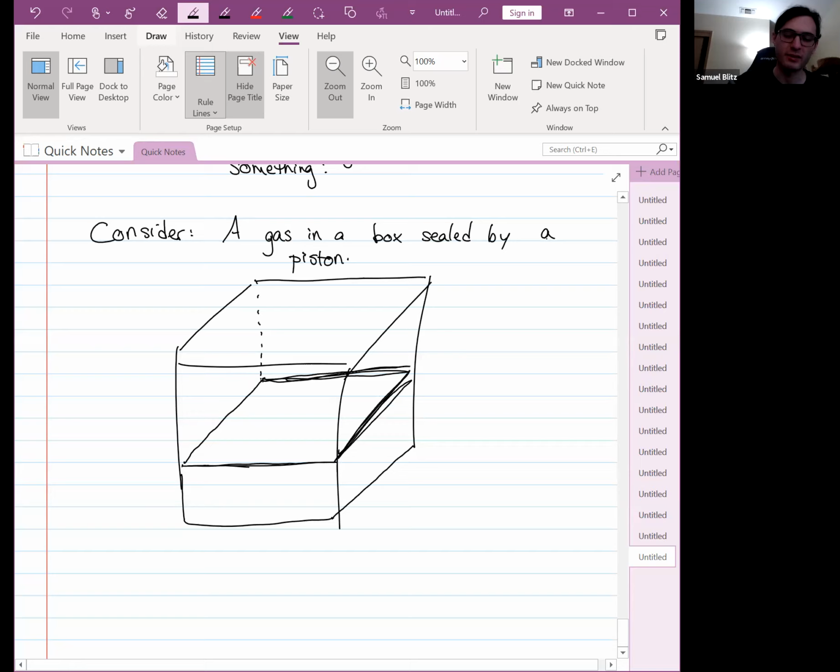So this thick outline thing, this is our piston. And it's free to move up and down, but it seals the box. So, and let me draw a few more dotted lines. There we go. So imagine that there is a whole bunch of gas below the piston, right?